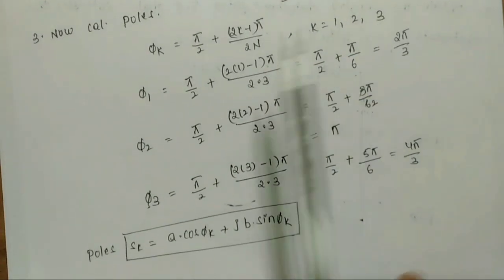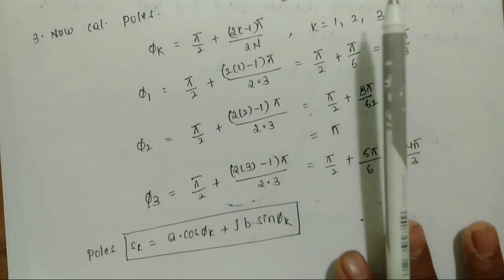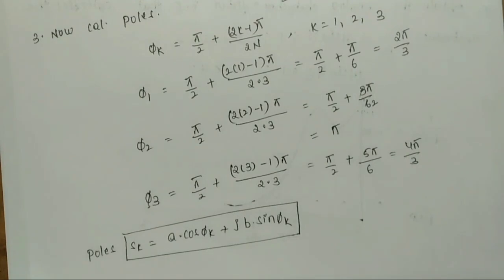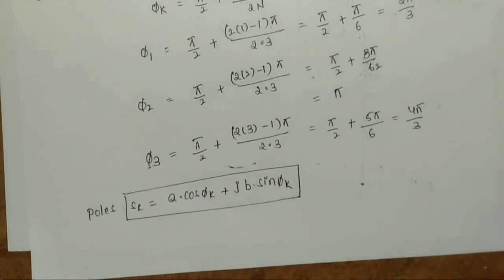After having phi 1, phi 2, phi 3, now it is time to calculate the poles. The pole formula is A cos phi k plus j B into sin phi k. You have the A value, the B value, and the phi k values. If you want to calculate S1, when k is equal to 1, you substitute A cos phi 1 plus j B into sin phi 1. If you are calculating S2, then A cos phi 2 plus j B sin phi 2.